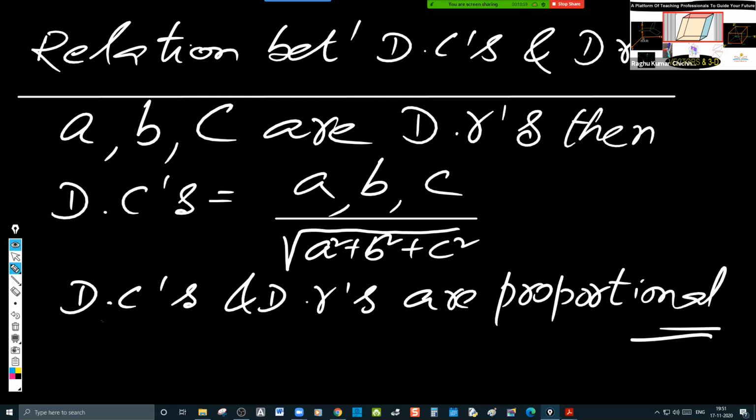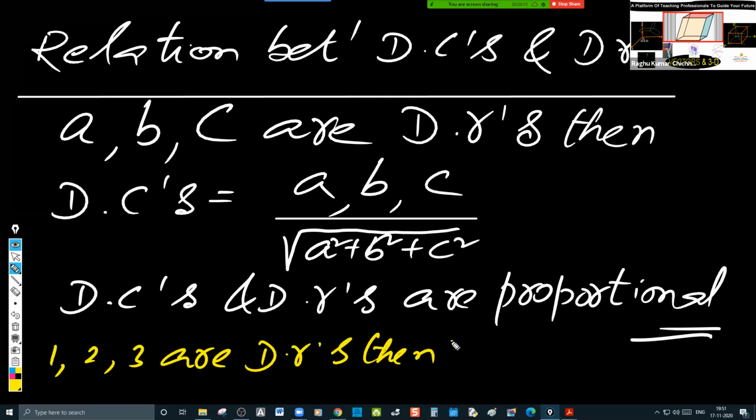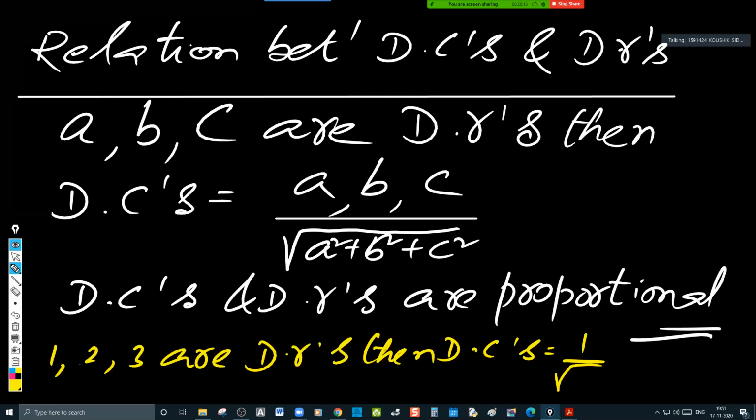Remember that. For example, if you are given 1, 2, 3 are DRs, then do you tell me what are the DCs? 1 by root over 1 square plus 2 square plus 3 square.